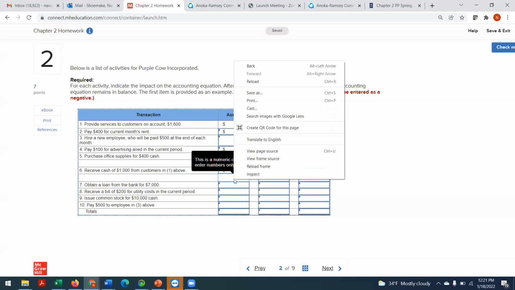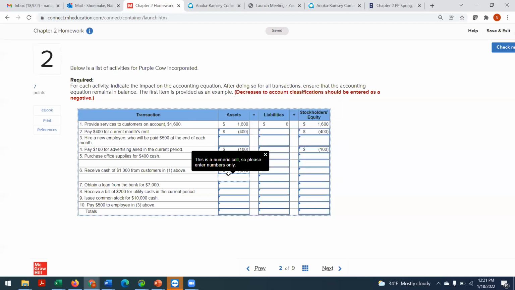Now they haven't paid us all of it, but since they paid us $1,000, we increase $1,000 cash, decrease $1,000 accounts receivable. That means the accounts receivable balance is $600.